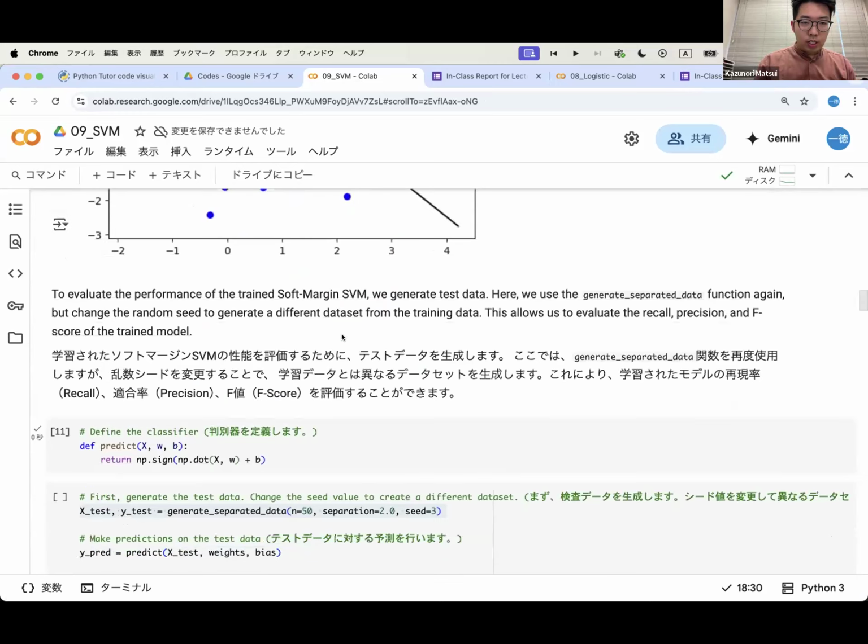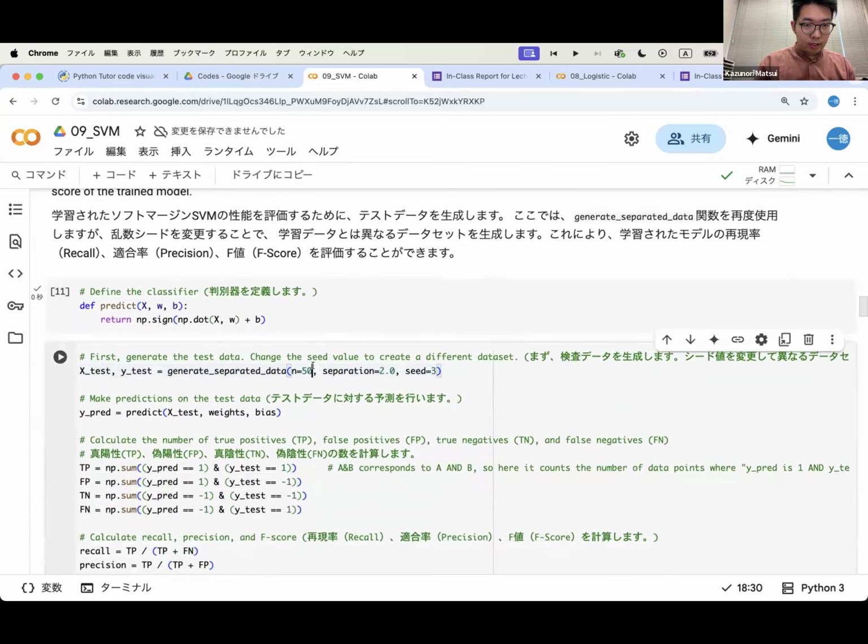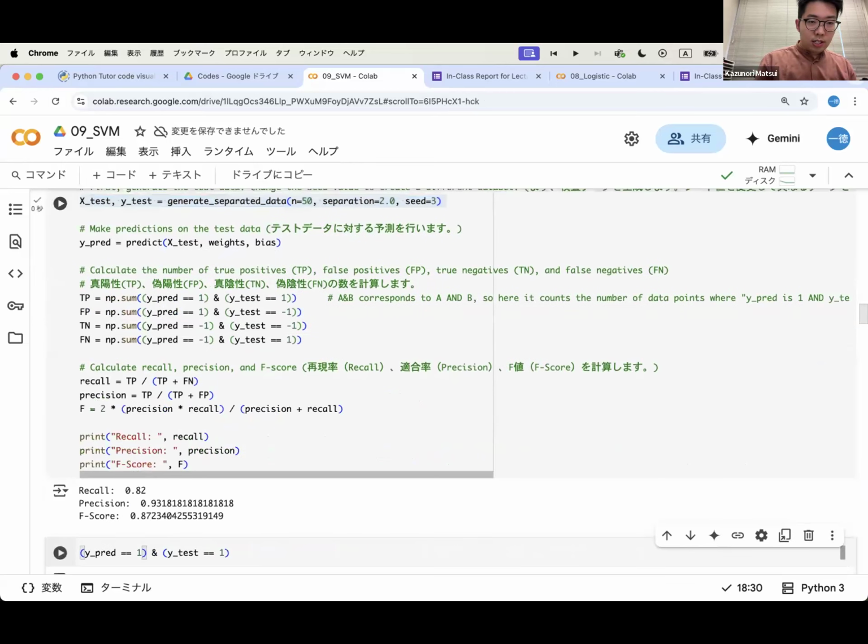With the same separation distance, we set the seed to 3. That is, we generate data using different random numbers. In other words, the way of creating the underlying data doesn't change, but the random numbers are changing. By using this, let's create test data.